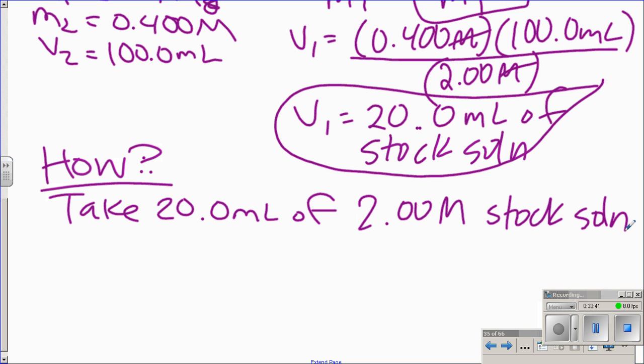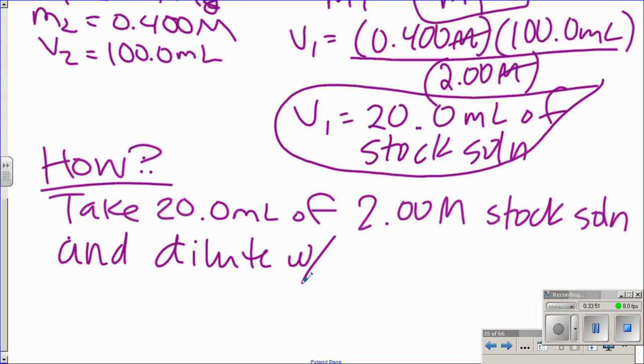Give me a second, catch up with me here. And dilute with water until what volume were we trying to make in the end? 100 milliliters, right? Because my V2 is my final solution volume of 100 milliliters.